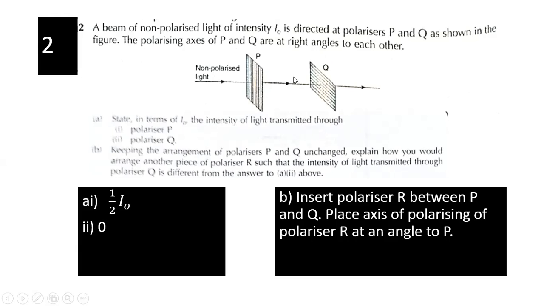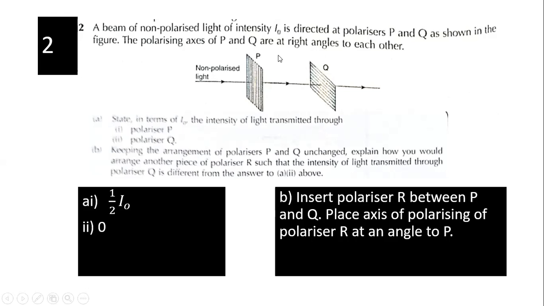Insert a polarizer R here. Place the axis of polarization of R at an angle to P. Right? You don't place it vertical, as in parallel to P. Place parallel to P, it will just pass through and then it will be blocked.